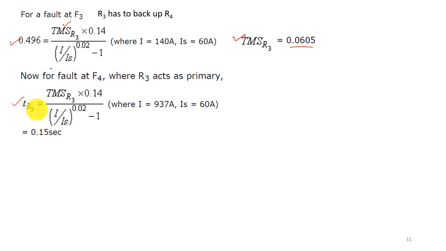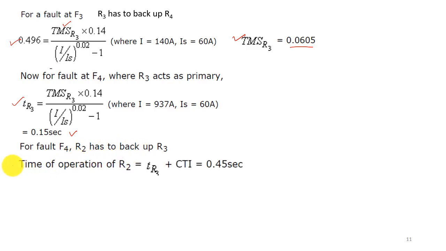Similarly, for fault at F4, R3 will act as primary relay, and therefore we can find the time of operation of R3 for the primary protection from the standard equation, just by substituting the fault current seen by relay R3 and the pickup current. We can see that TR3 will be 0.15 second. And for fault at F4, R2 will be the backup to R3. So from the standard equation, we'll find the backup operating time of R2.